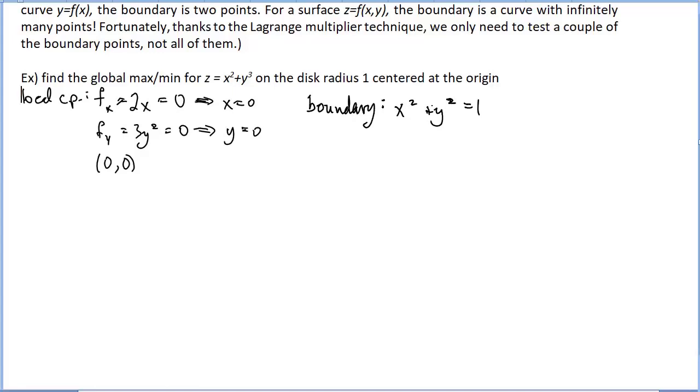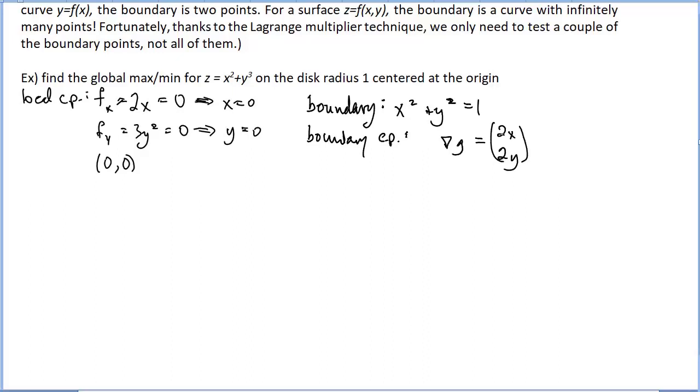So now we have to go ahead and find the boundary critical points. To do that, we're going to need the gradient of g, and that equals (2x, 2y). And now we use our Lagrange technique.